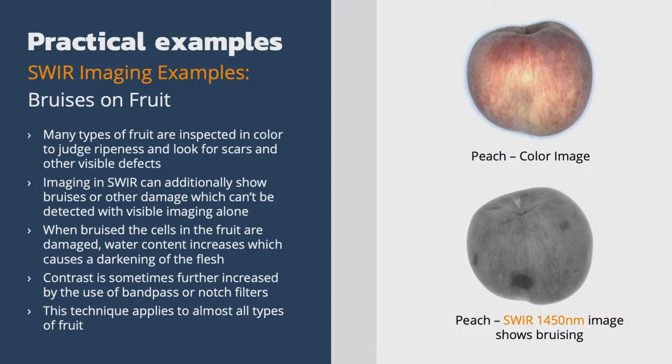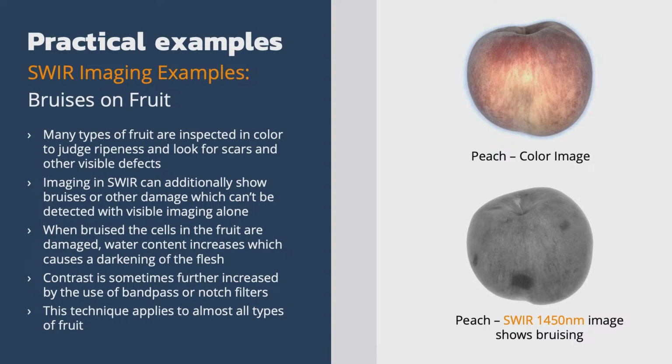So they will take a visible image. But what's equally important is the quality of that peach or any fruit here, and whether it's been damaged or bruised. And as you can see in the SWIR image, we've used 1450 nanometer, something in the middle of the SWIR range here.